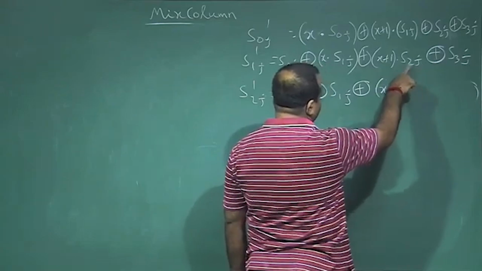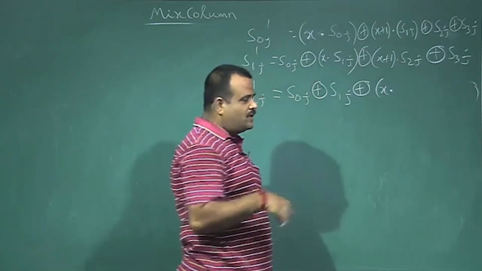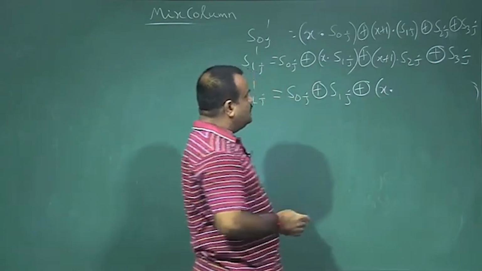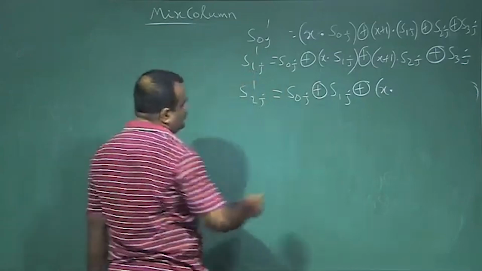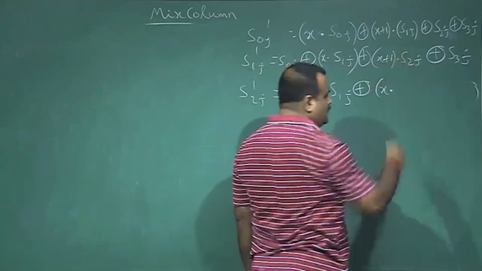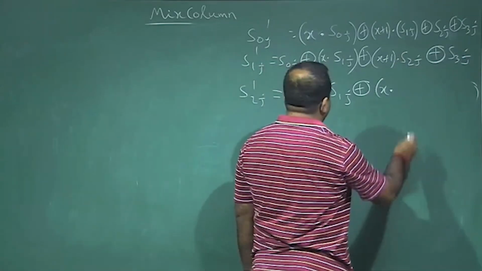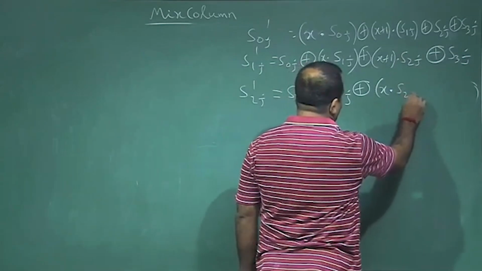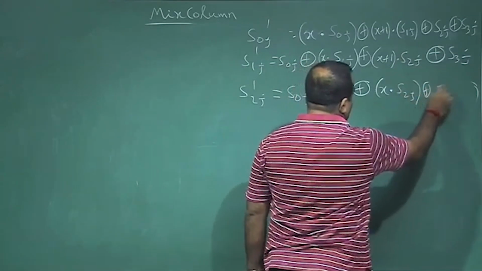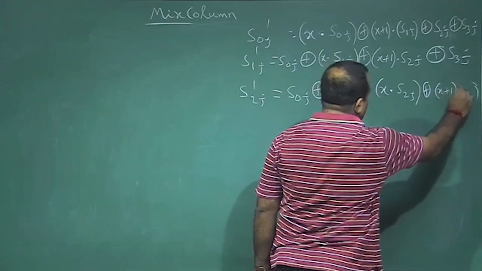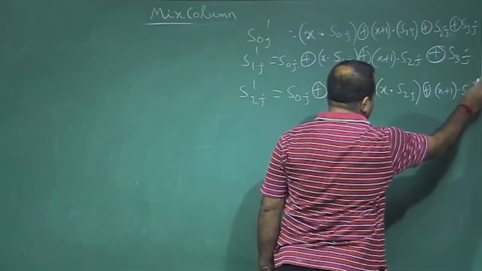These are all 8 bits. So, this can be converted into a field element like the summation of ai xi, and then we can multiply under that irreducible polynomial modulus. So, this is S2j, then XOR with x plus 1 into S3j.